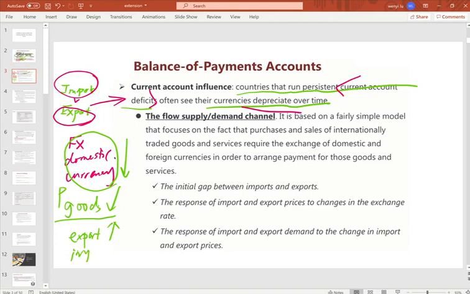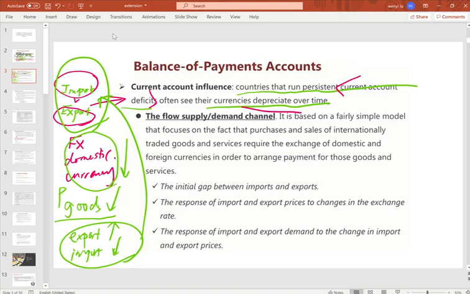Then the import will go down. In such a case, this will improve your trade deficit. With your export going up and import going down, your trade deficit will be reduced. That's how a current account deficit can cause a change in our trade deficit in the future.